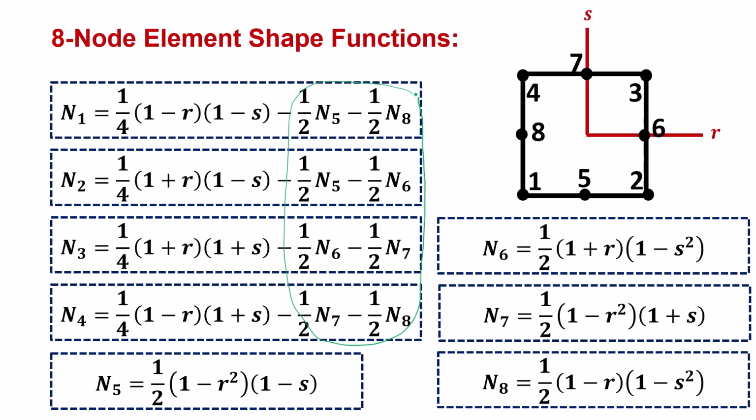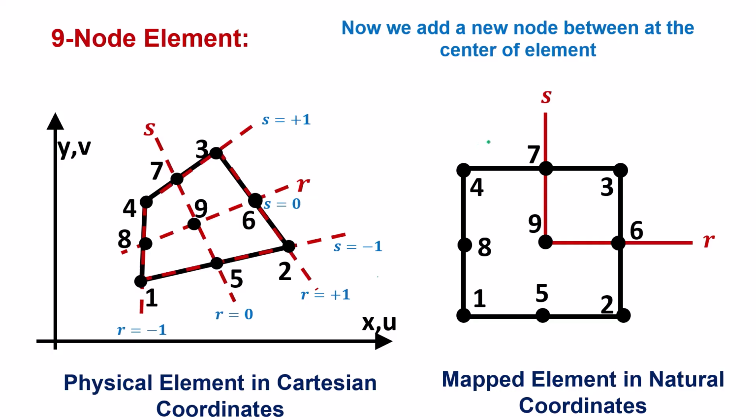With these 8 functions, every edge of the element is represented by quadratic interpolation, which makes this the standard second-order quadrilateral. This element is widely used in finite element analysis because it balances accuracy with computational efficiency. It captures curved boundaries much better than the 4-node bilinear element, but without the extra complexity of the full 9-node case. Now let's move on to the 9-node element, the complete quadratic quadrilateral.